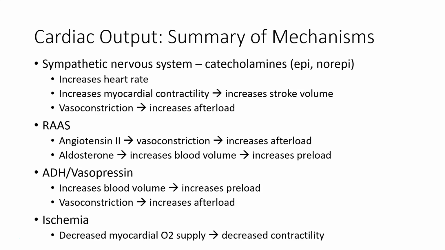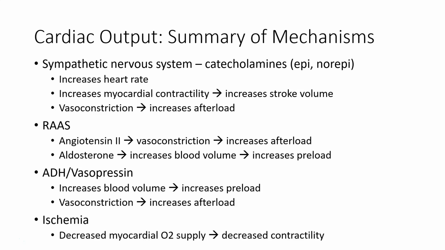Antidiuretic hormone, also known as vasopressin, can increase our blood volume. So this has an antidiuretic effect. And so it goes to the kidneys and holds onto water. Again, that increases our blood volume and can increase our preload. And ADH also has a vasopressive effect.